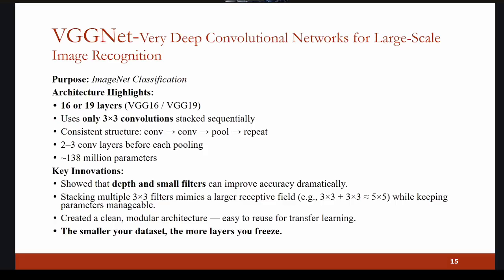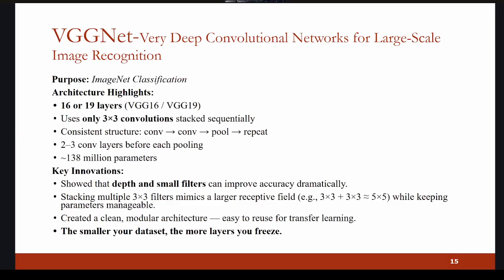So how many parameters the model has learned is 138 million parameters, a huge number of parameters when compared to the previous architecture. Since this particular neural network architecture is a very deep architecture, it had 16 layers or 19 layers. Because of that, the model was supposed to learn more than 138 million parameters.